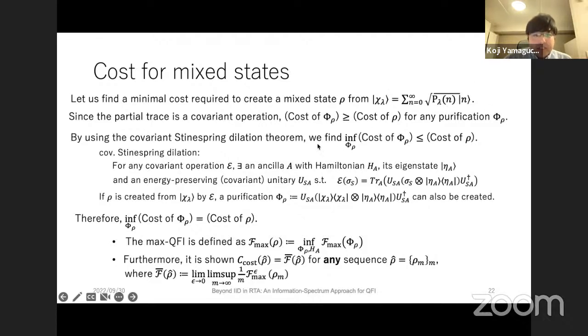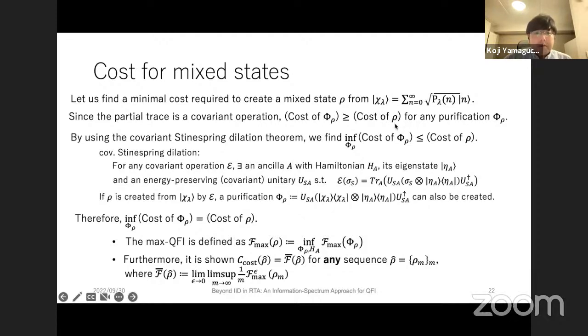Since the partial trace is a covariant operation, it is easy to see that the cost required for creating a purification phi rho is greater than the cost of creating the state rho.